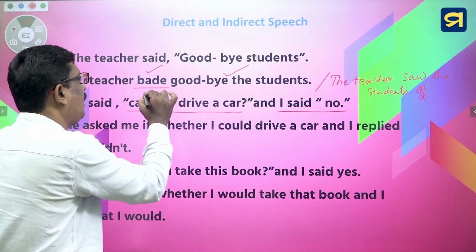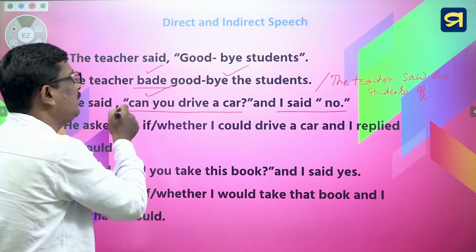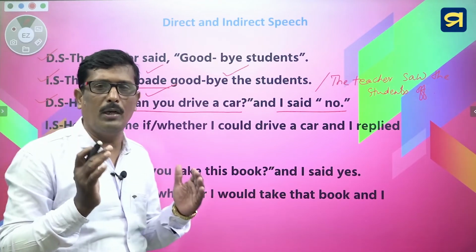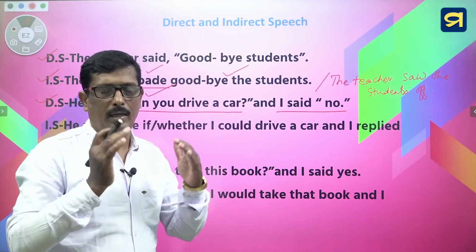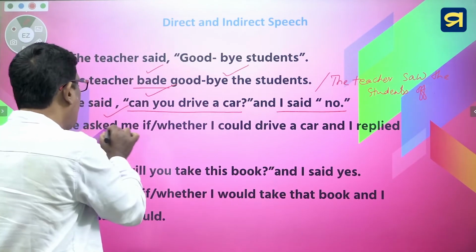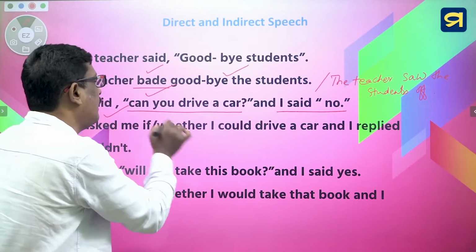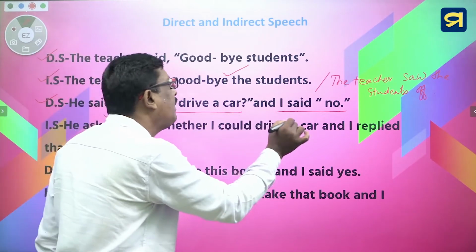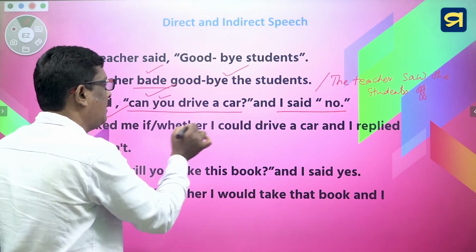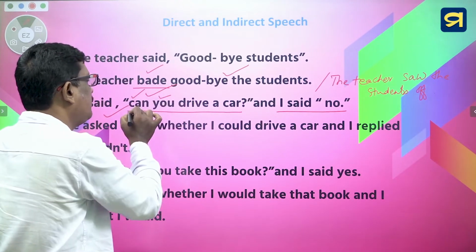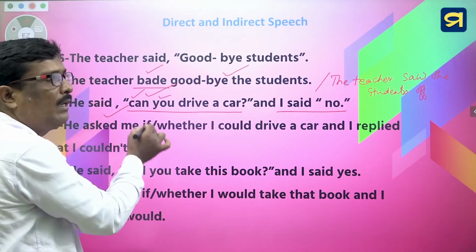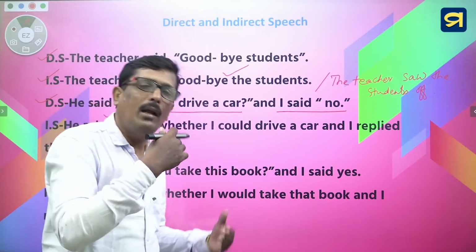Why will we use ask here? Because here is an interrogative sentence. When the reported part is an interrogative sentence, the reporting verb is changed into asked. He asked me if or whether I could drive a car. Okay, "you" becomes I, and that's why it is in the present, that's why it is changed into past. He asked me if or whether I could drive a car.